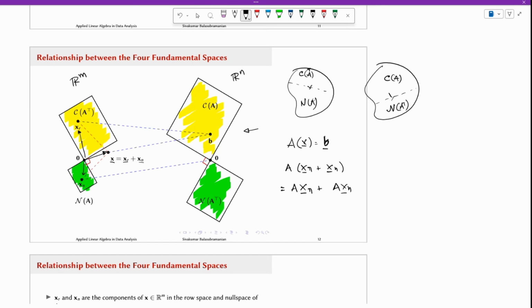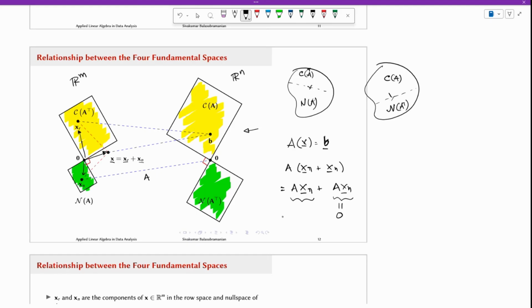Okay. So we can ask what happens to both of these. Because xn is from the null space, A times xn has to be 0, because that's the definition of an element from the null space: it gets mapped to 0. That means this is equal to 0. So that's why I've drawn here this point under the transformation A gets mapped to the origin, 0. That's the dashed blue line.